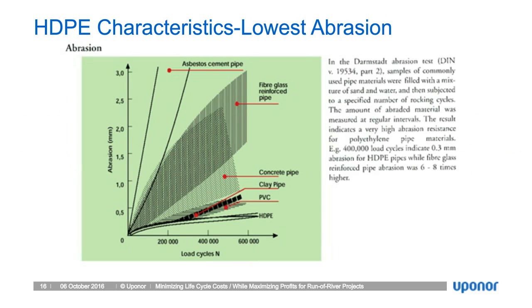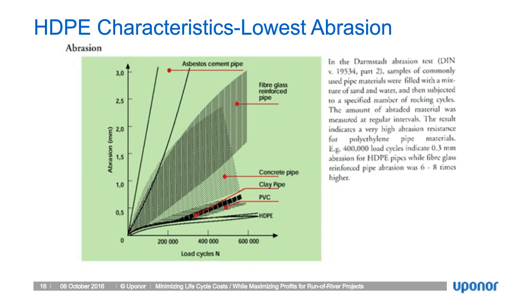The other aspect of the HDPE is its abrasion characteristics. It has one of the lowest out of all the materials. This is an important aspect to look at when designing penstocks, because, as you know, with a lot of the pondages or the weirs, you're going to have sand or particulate material passing through. Over time, that material is going to start wearing down, thinning the pipes out.